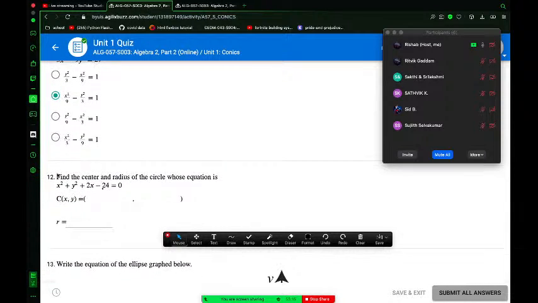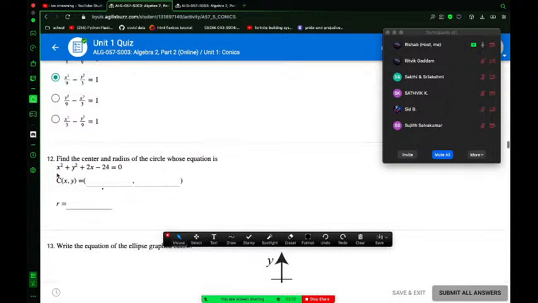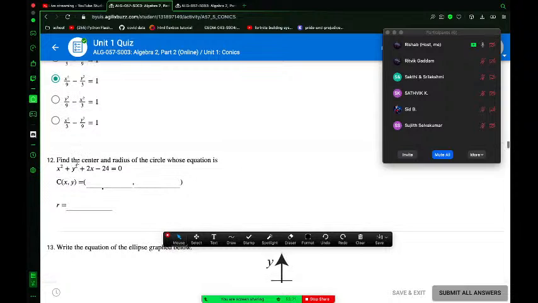Okay, so that's good. Find the center and radius of the circle whose equation is that. What we have to do is complete the square to find the center of the circle. So this is obviously going to become x squared plus 2x plus... I think the radius is 12, well, let's find out.